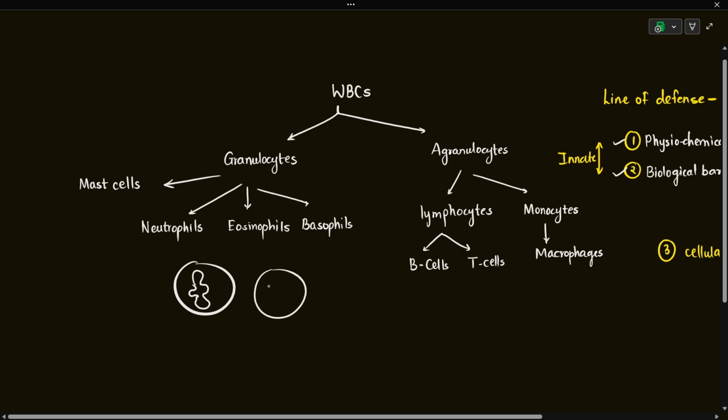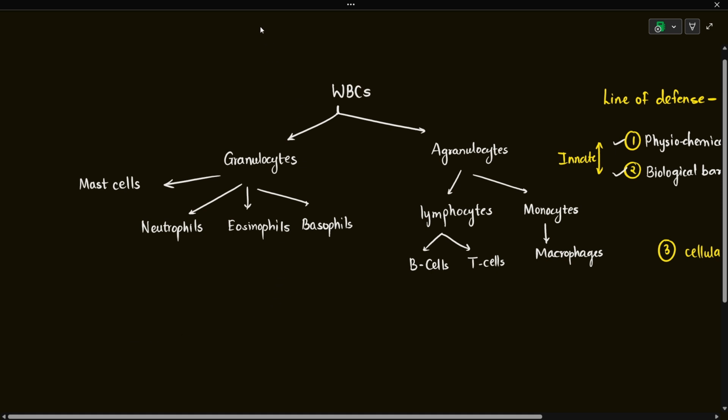They could have a nucleus like this, or a nucleus like this. This kind of multi-lobed nucleus will be seen.